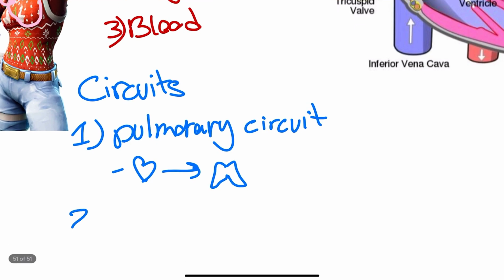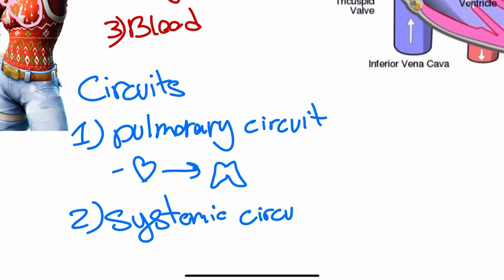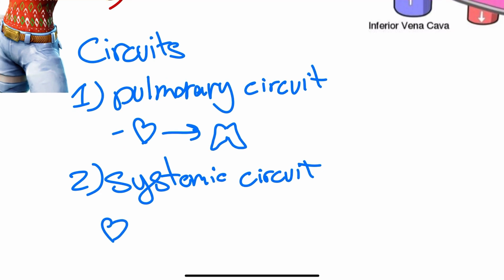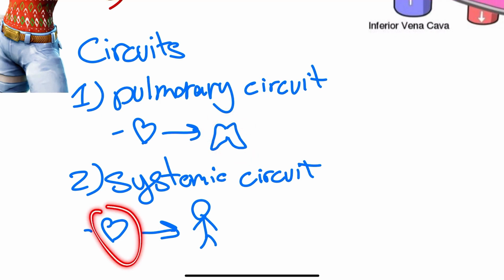And then the second one is your systemic circuit. And this is blood flow between the heart and the body tissues. So pulmonary is between the heart and the lungs, and then the systemic is the heart to the body.